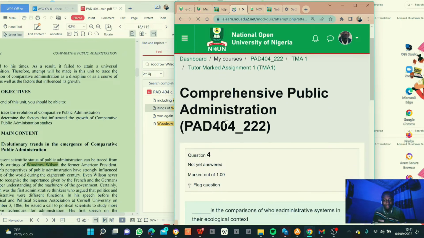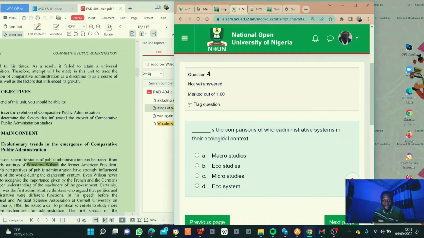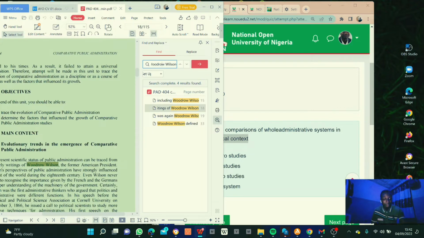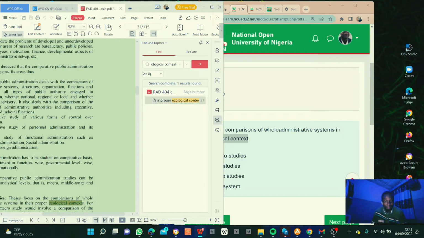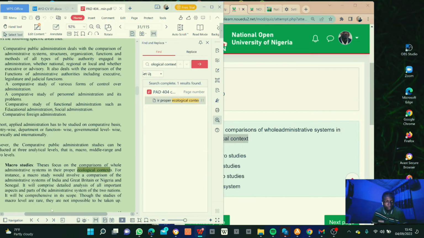Excuse me. So, question 4 says dash is the comparison of all administrative systems in their ecological contexts. So let's check. Let's use the words ecological context. Does it exist like that in the material? Oh, very good.